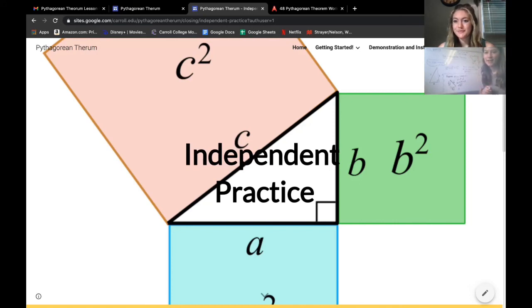Give you a little bit of time to put it on your calculator. All right, did we get X equals 8.0622, blah, blah, blah, that long number? We did. Okay, so we're going to leave it as X equals square root of 65.